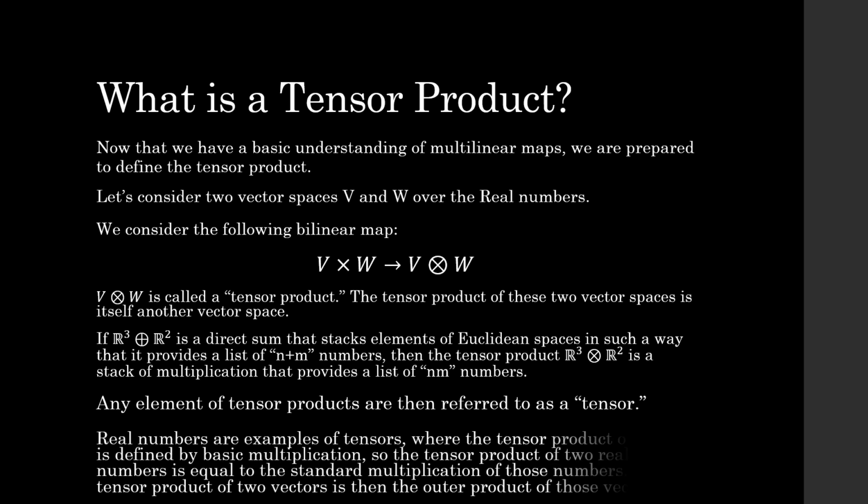So real numbers are examples of tensors, where the tensor product operator is defined by the basic multiplication we learn in elementary school. So the tensor product of two real numbers is equal to the standard multiplication of those numbers. So the tensor product of two vectors generalizes to what's called the outer product of those vectors, and this moves on to matrix multiplication, so on and so forth.